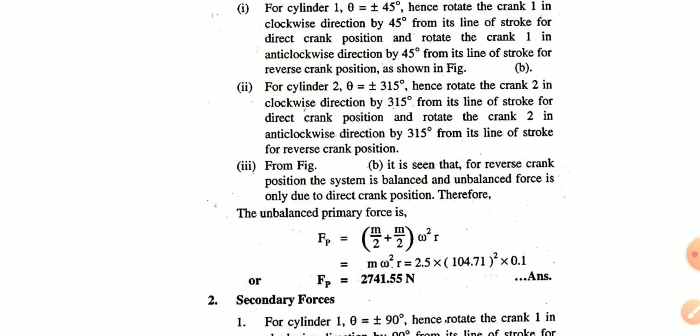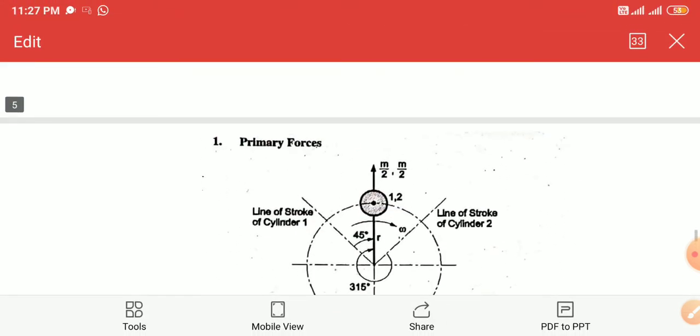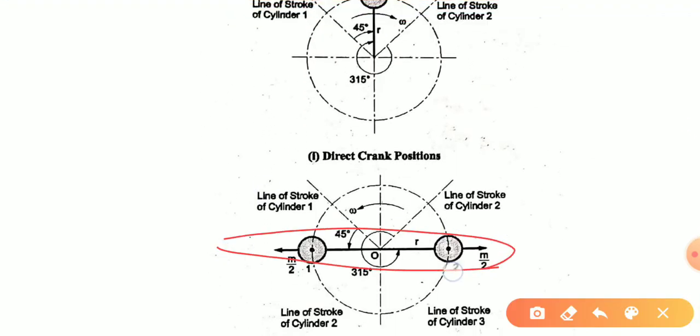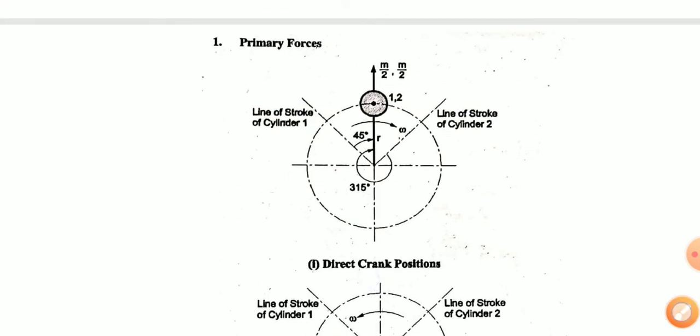It is seen that the reverse crank position system is balanced, and the unbalanced force is only due to the direct crank. As we can see, the reverse crank is in balanced condition, but there is a force acting due to the direct crank.